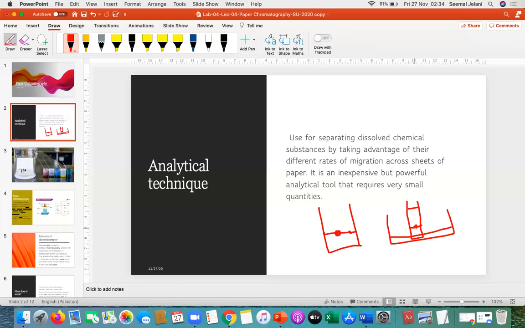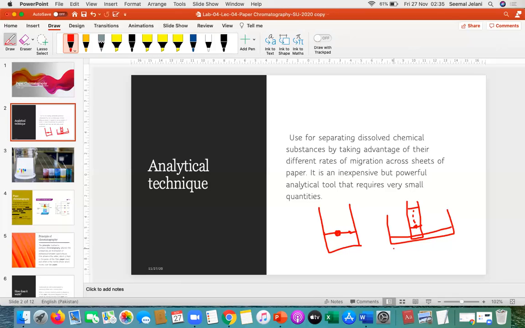Meanwhile, the mixture is also separated, for example like this. So here we need very small quantities. It is an inexpensive but very powerful analytical tool, and you need only very small quantities to analyze them.